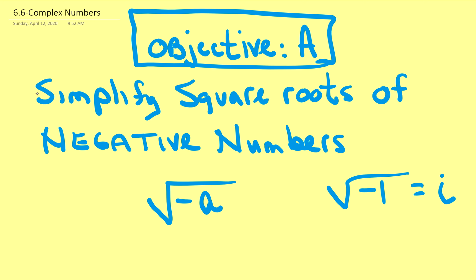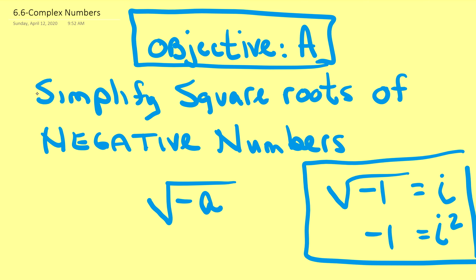If I square i, if I go i to the second power, that's going to equal negative 1. So these two facts, they're not even theories, is what we're going to be using a lot in this section, in this chapter perhaps. All right, so i equals the square root of negative 1, i squared equals negative 1.